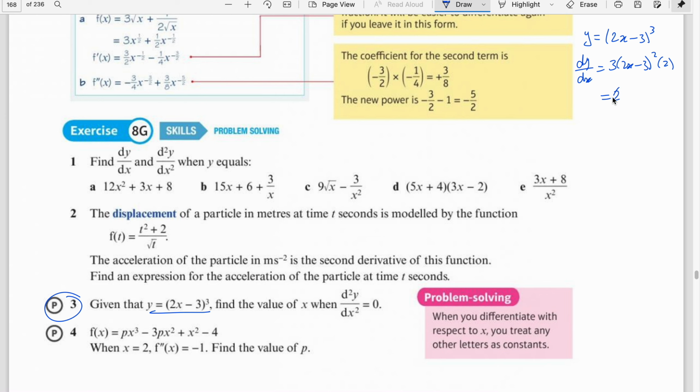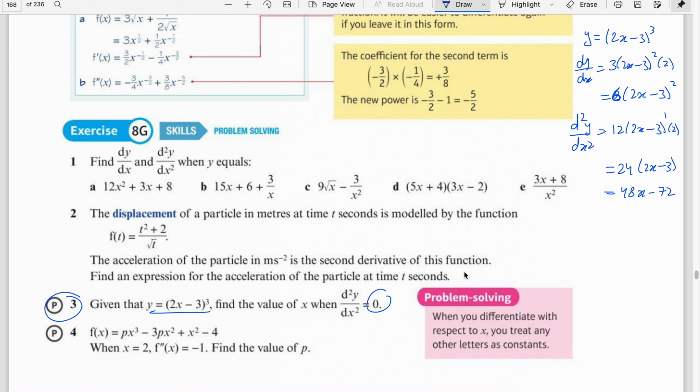So 2 times 3 is 6 into 2x minus 3 whole square. Done with single derivative. Now double derivative. D square y over dx square would be 6 times 2, 12, 2x minus 3 power 1. Again internal derivative is 2. This gives 24 into 2x minus 3. Simplifying further, 48x minus 72.